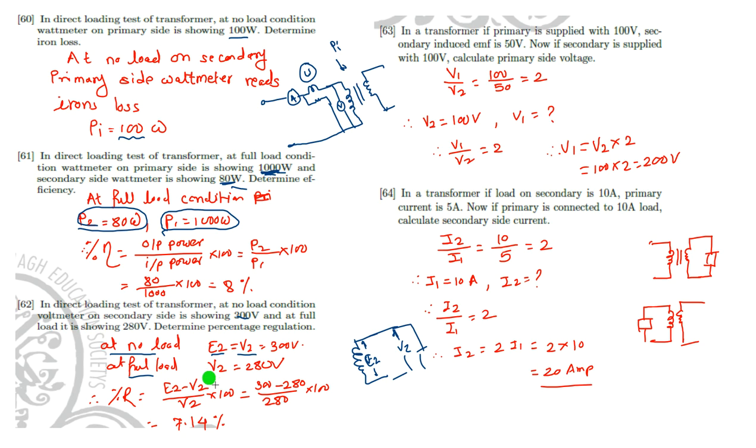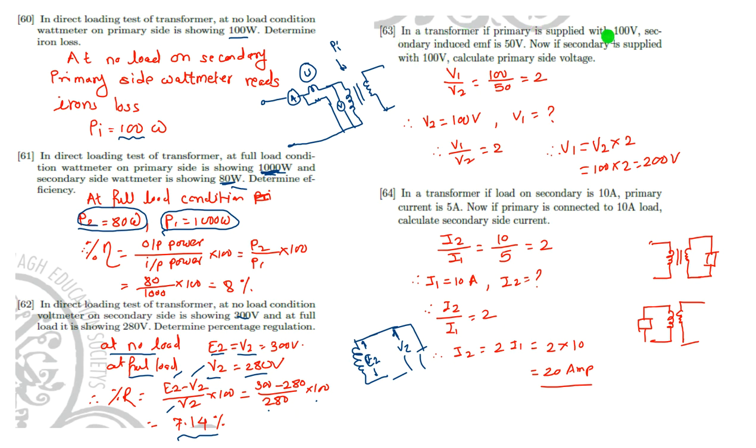So at a full load condition, V2 is equal to 280 volt. So what is the formula of regulation? No load voltage minus full load voltage upon full load voltage. So E2 minus V2 upon V2, so 300 minus 280 upon 280 into 100. So this percentage regulation is 7.14%. What it indicates? The voltage will drop by 7% from no load to full load at the secondary side.